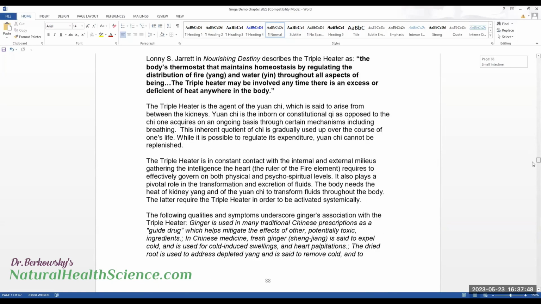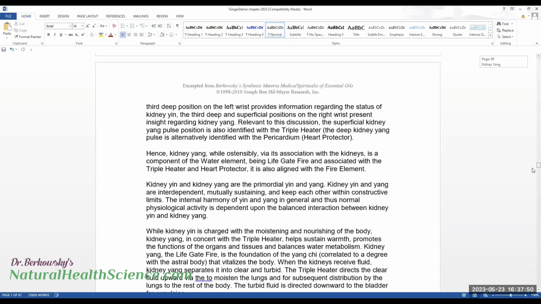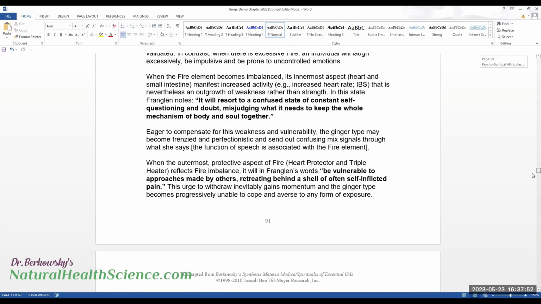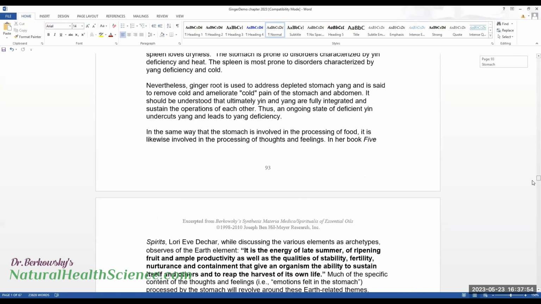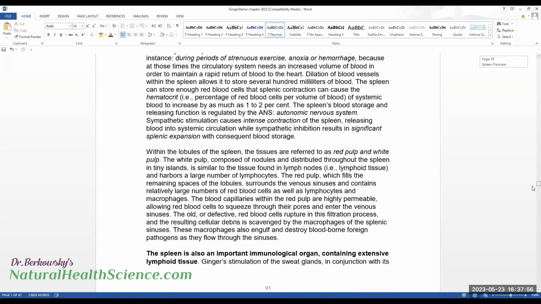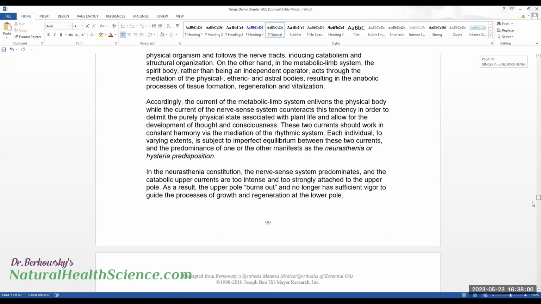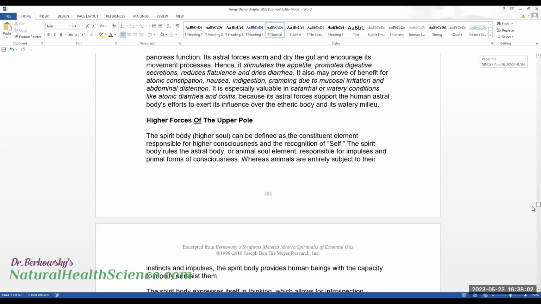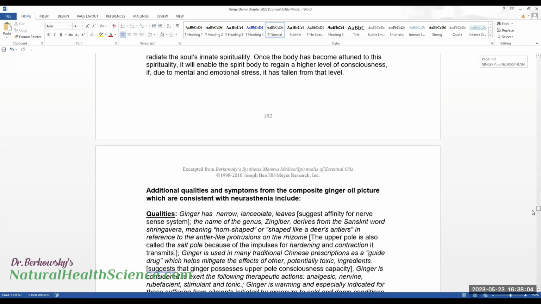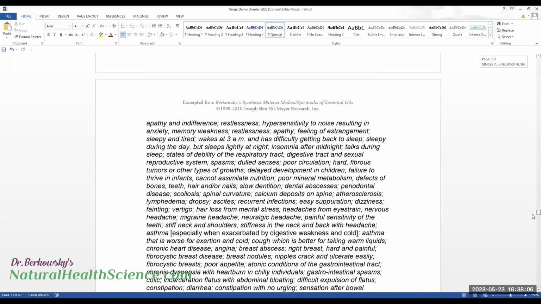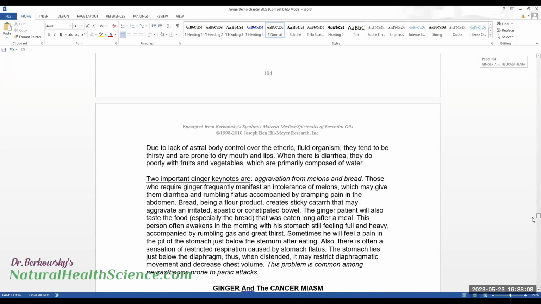In this country, animalistic eating is the rule rather than the exception. There is a lot of stuff here, isn't there? Let's get back here. The next one will be the miasm. Okay, we'll get there.